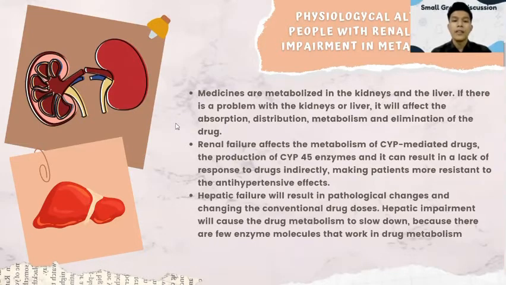Renal failure affects the metabolism of CYP-mediated drugs, the production of CYP450 enzymes, and it can result in a lack of response to the drug indirectly. It also makes patients more resistant to the antihypertensive effects. And then hepatic failure will result in pathological changes and changing the conventional drug doses. Hepatic impairment will cause the drug metabolism to slow down because there are a few enzyme molecules that work in the drug metabolism. Next, thank you.